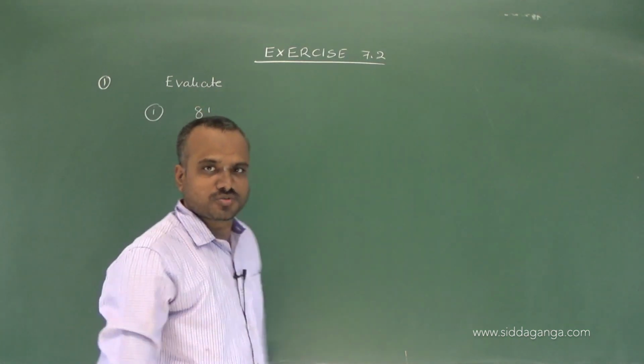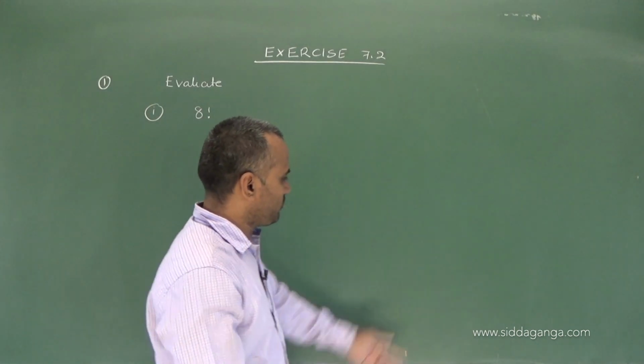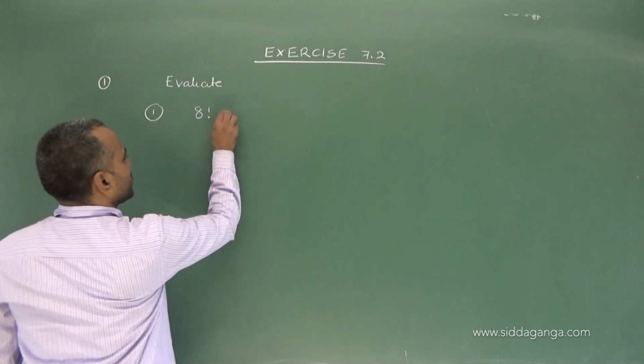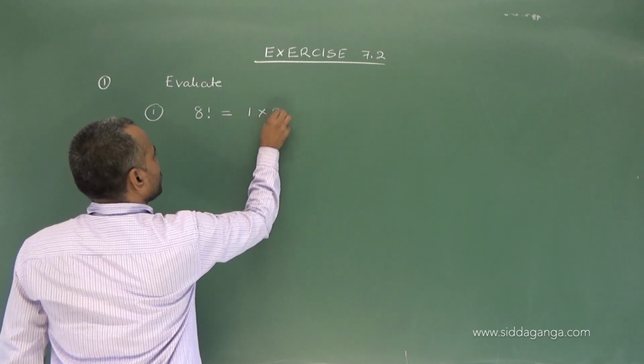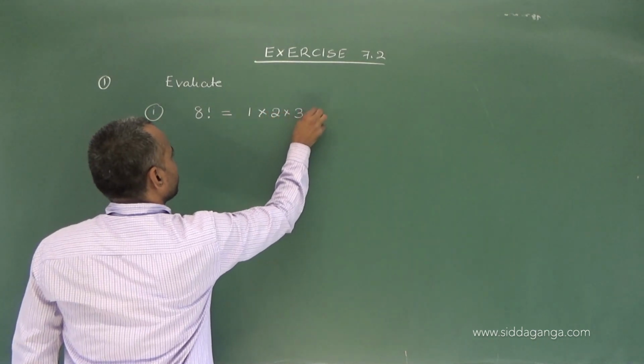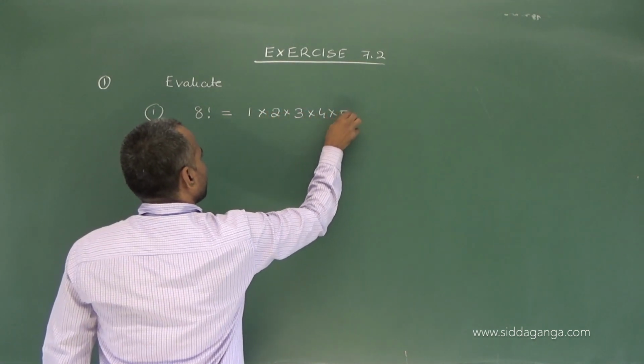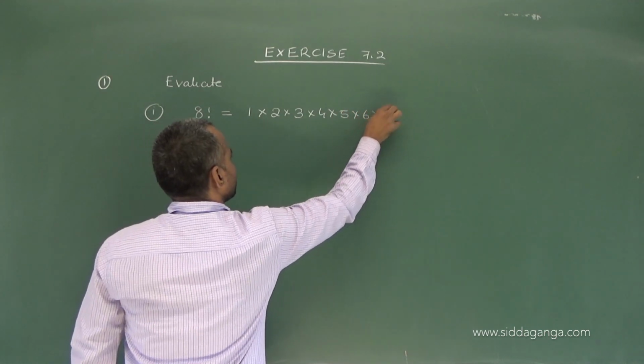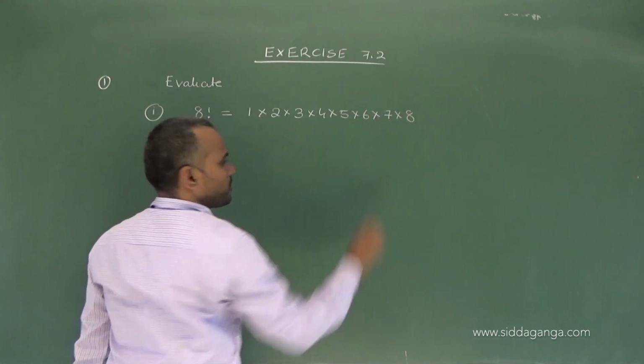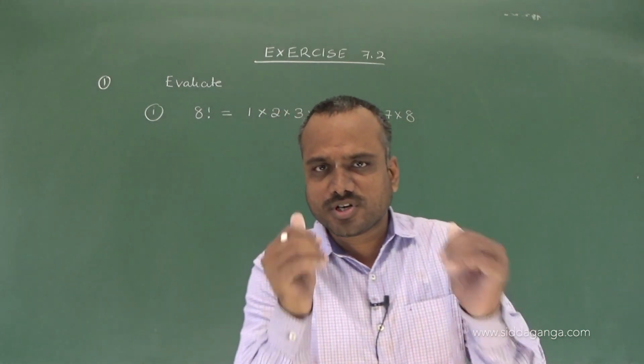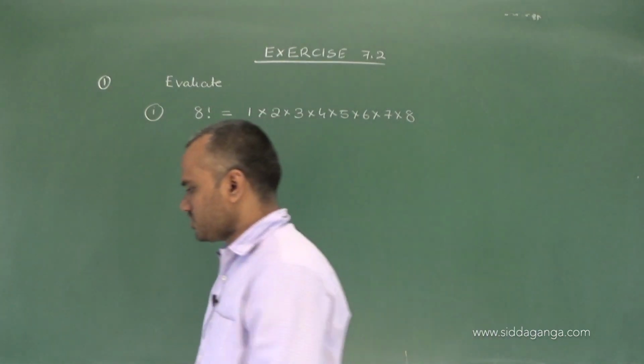I think I finished up to 7. 8 factorial, okay, 1 into 2, 3, 4, 5, 6, 7, 8, the product of first 8 natural numbers. You also calculate.